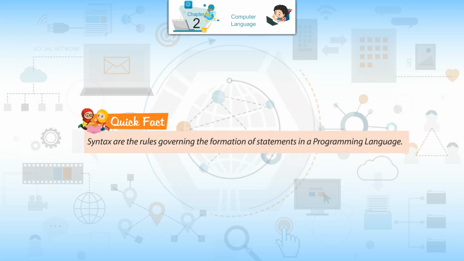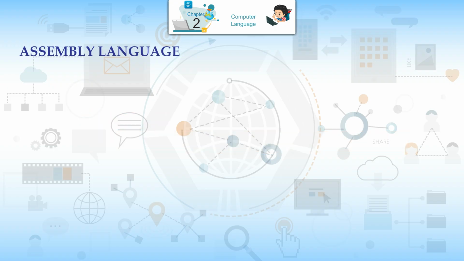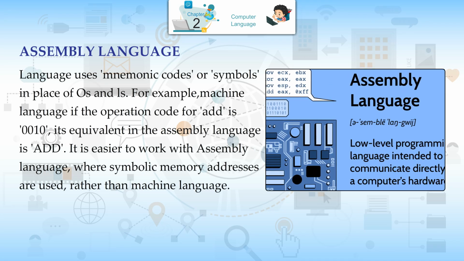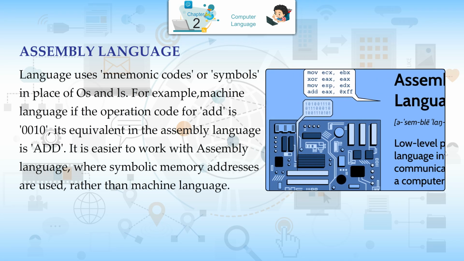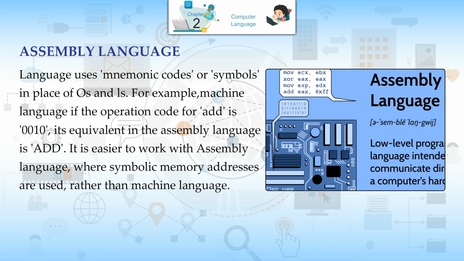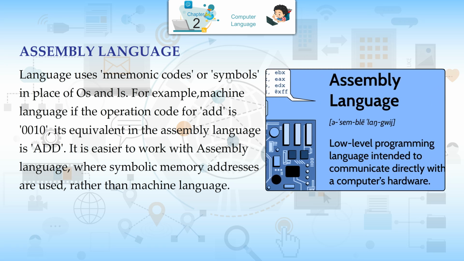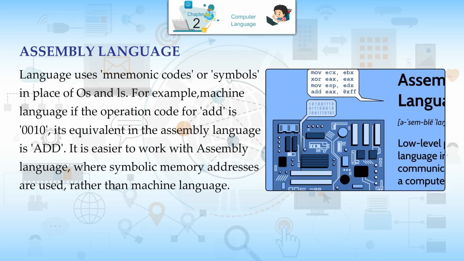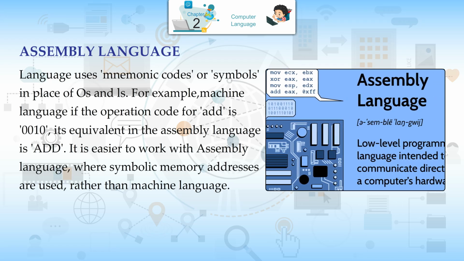Quick fact: syntax are the rules governing the formation of statements in a programming language. Assembly language uses mnemonic codes or symbols in place of zeros and ones. For example, in machine language, if the operation code for add is 0010, its equivalent in assembly language is ADD.